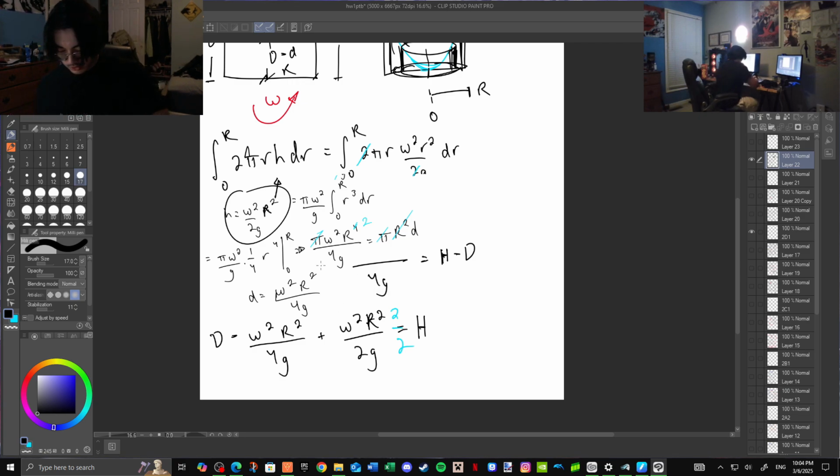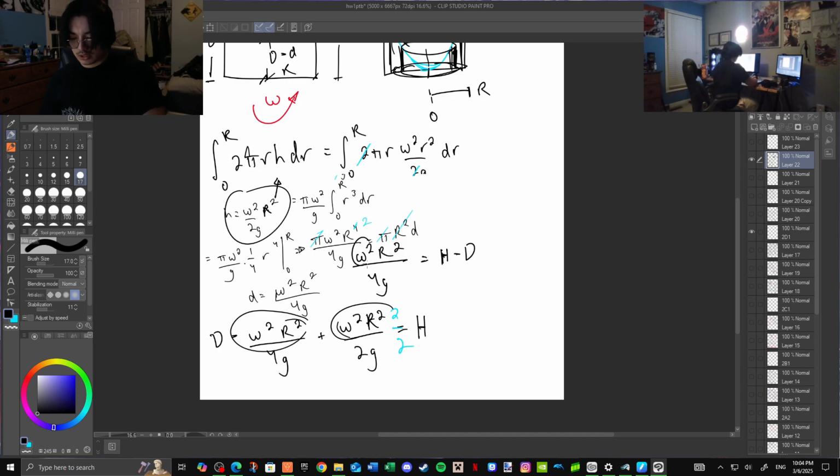Then we can add these two values together. This will be this entire value times 2, but since we're subtracting it by this value, we'll just get omega squared R squared over 4g. That'll be our left side of the equation.